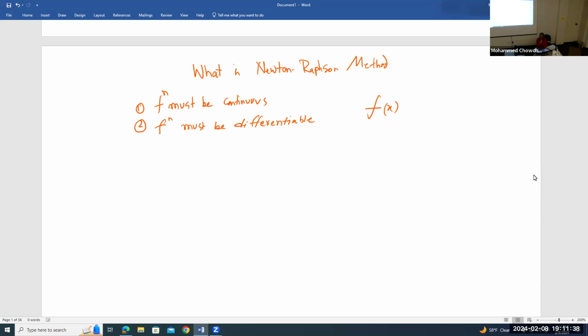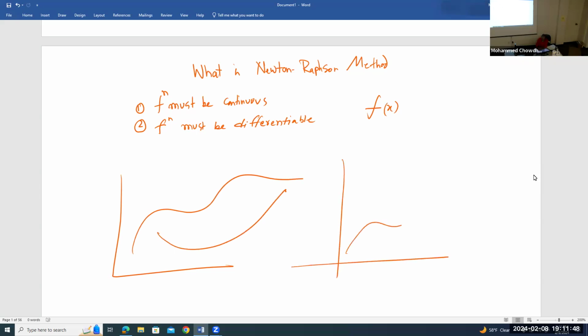So continuous means what? Continuously take the shape. What is a non-continuous function? It takes the shape like this way, and then there is no value in here, and then just starts from there. So there is no connection.